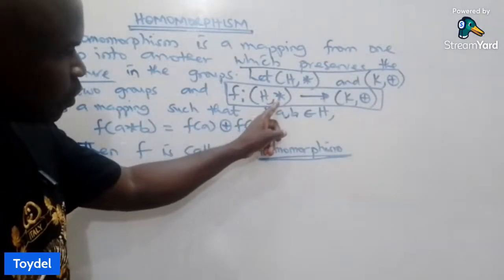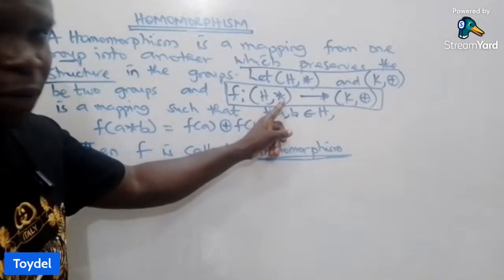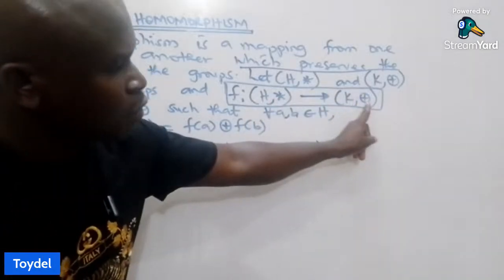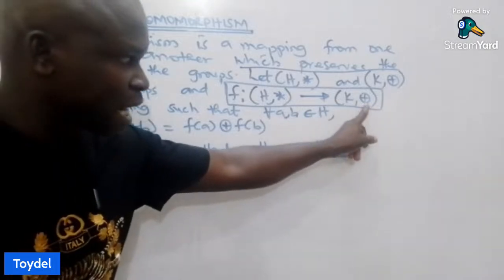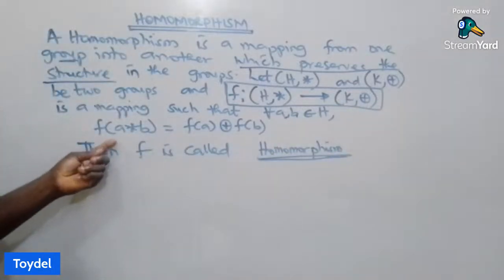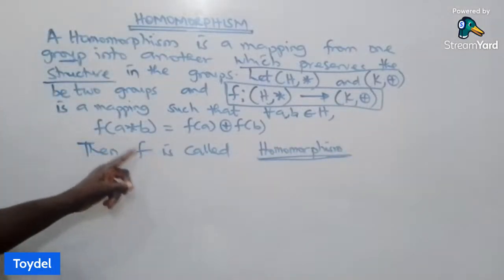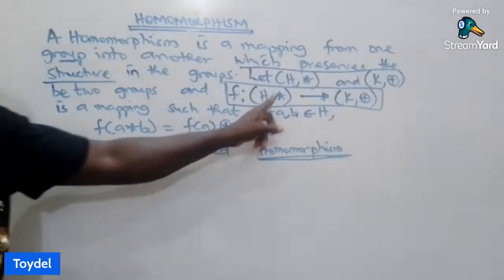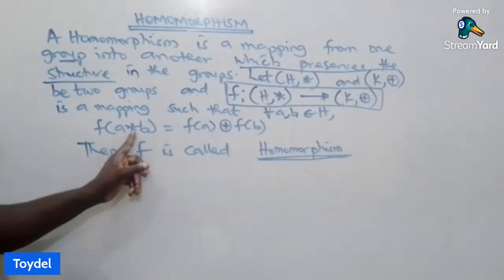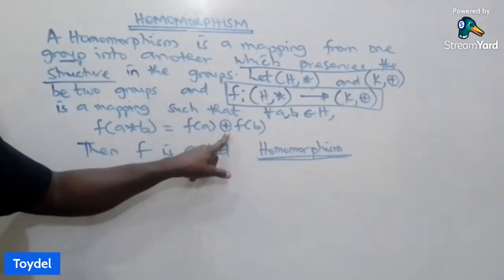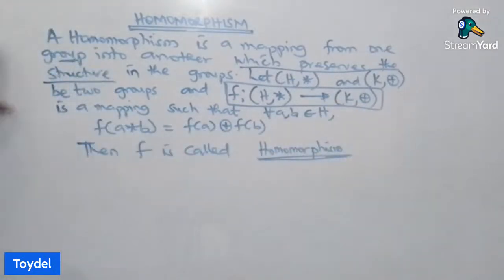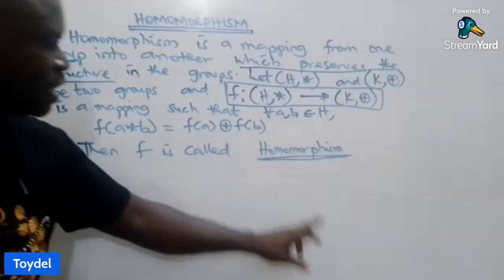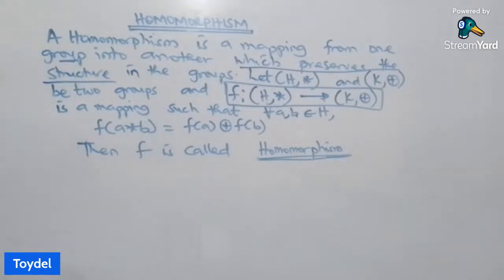The domain here has the asterisk as its binary operation. The codomain has plus inscribed in a circle as its binary operation. For us to have a homomorphism, the left hand side must use the asterisk, and the other side must use the binary operation of the codomain. If you are able to write this, then we say F is called a homomorphism.